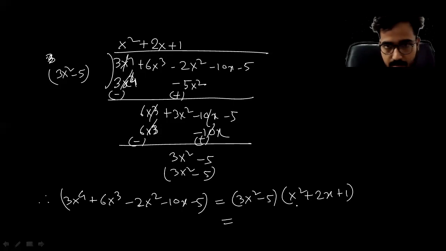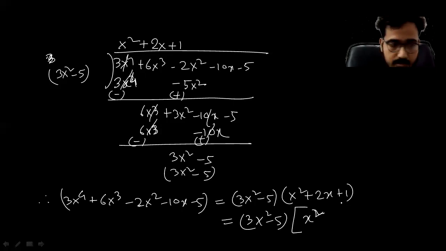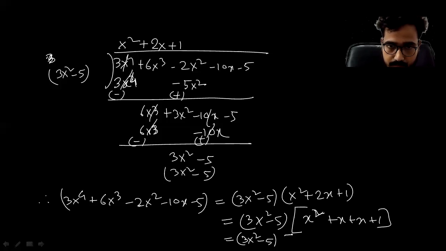To find the other two factors, you have to factorize this term. So keep this term as it is. Now when you factorize, it will be x square, then we need this one, so it will be x plus 1. Now it will be 3x square minus 5 into (x plus 1) into (x plus 1).